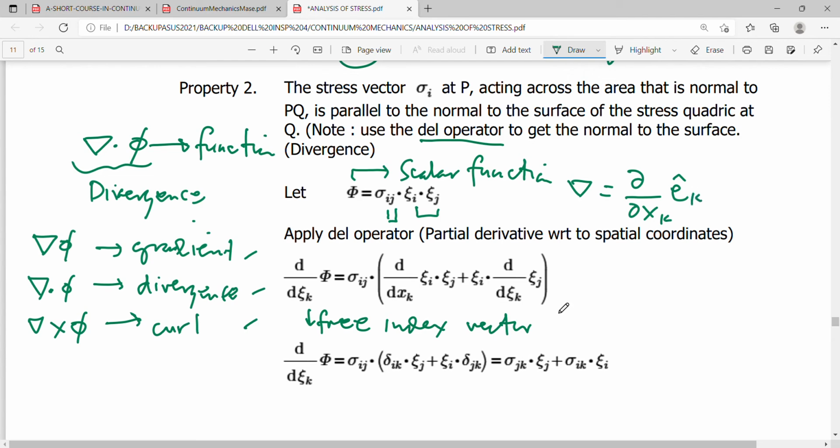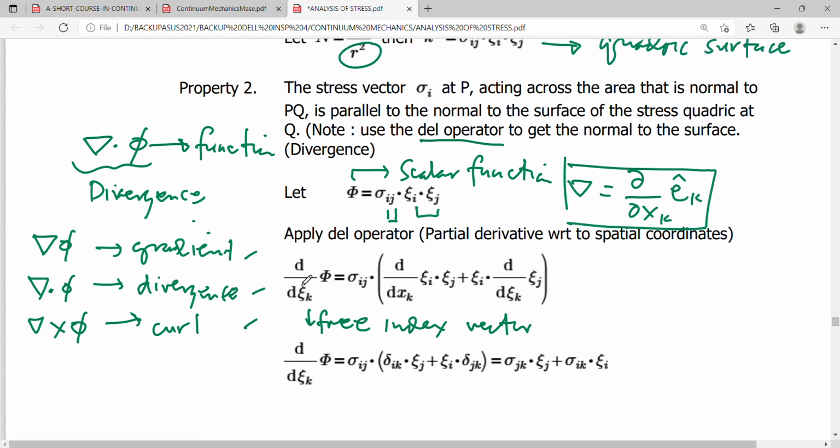So if I make use of this del operator now, I just take the partial derivative with respect to a vector of position or a spatial dimension consisting of k. I cannot write the partial derivative symbol in MathCAD. That's why I'm using only the ordinary derivative here.